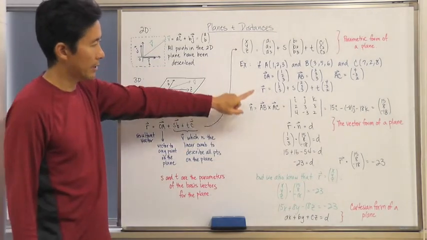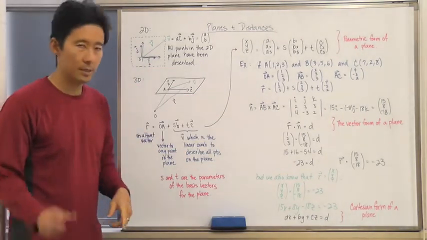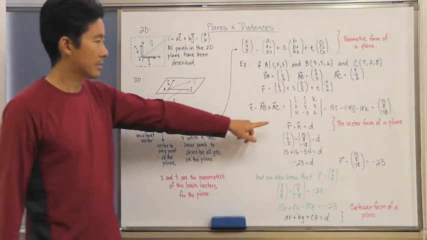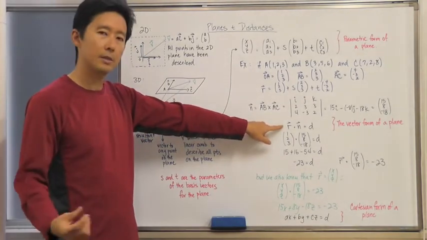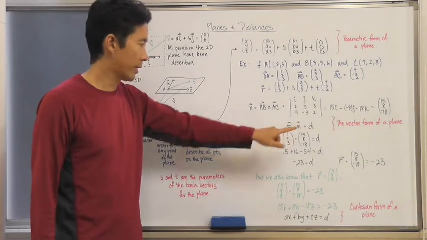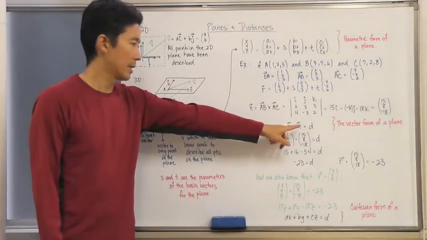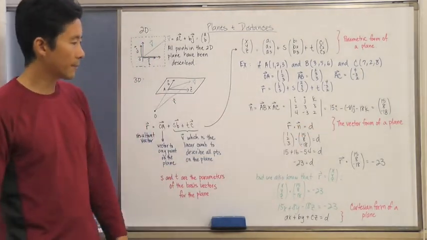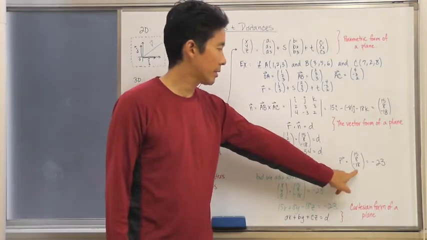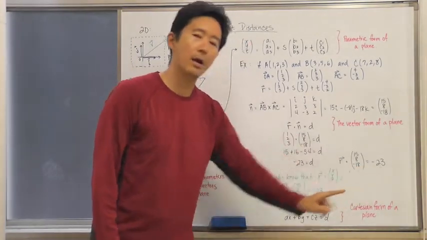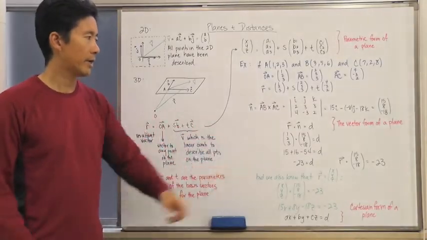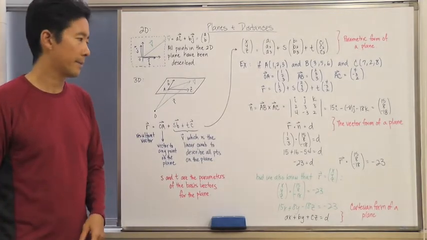Now when we take a look at the vector form of a plane, which is a little bit more complicated, it's going to be r, or the resultant vector, times the normal vector of the plane, equaling a constant d. So long as we can find out what the normal vector is, as well as what that constant is, then we can find a specific vector form of a plane.